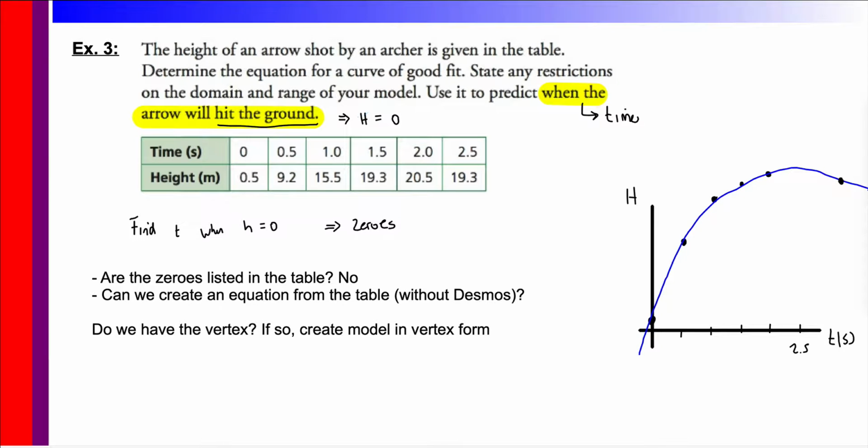Well, we've got this thing that looks like it might be representing the highest point. The key thing that we need to recognize is, if this is the vertex, it's going to be in the center of the data. In other words, it's going to have symmetry on both sides. And that is where we might recognize something else in the table gives us that information.